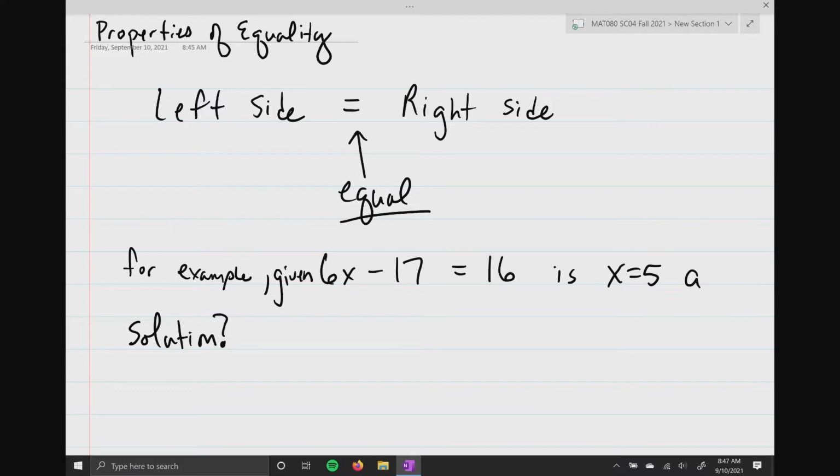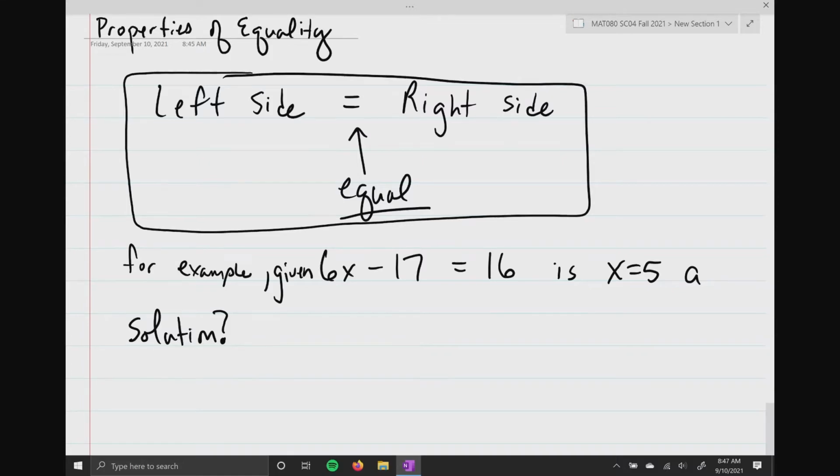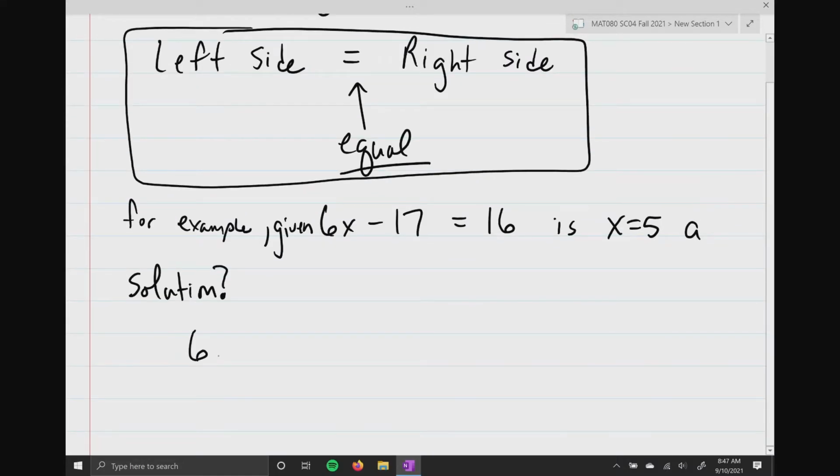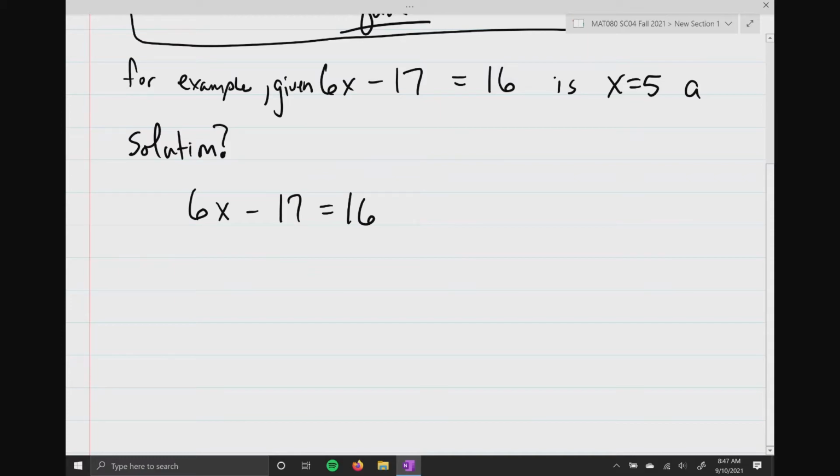I'm asking you, if I use x equals 5, will I arrive at this conclusion that the left side and the right side are equal to each other? The easiest way to do this, and I'm just going to rewrite the problem real quick, the easiest way for me to do this is I kind of just break it up.